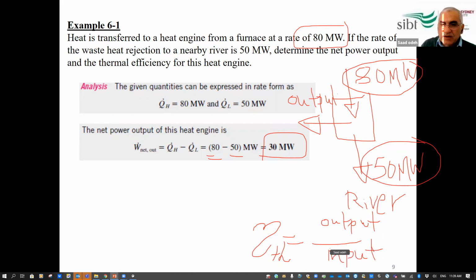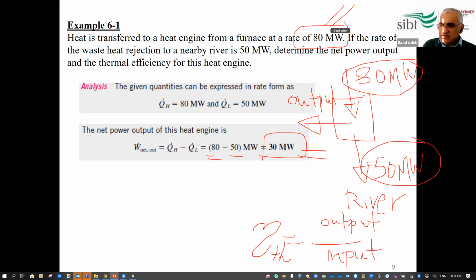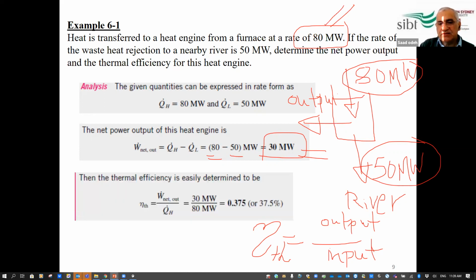Correct. So the output here, we already found it. This is the output. And the input is the heat transferred from the furnace. So it will be 80. Yes, correct, 80. So just divide 30 by 80 and then you'll get the efficiency. So that's very simple. So this is actually the thermal efficiency of the system.